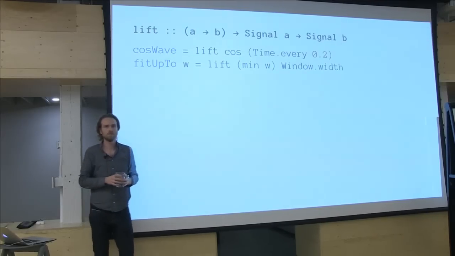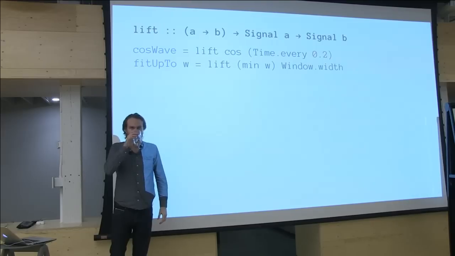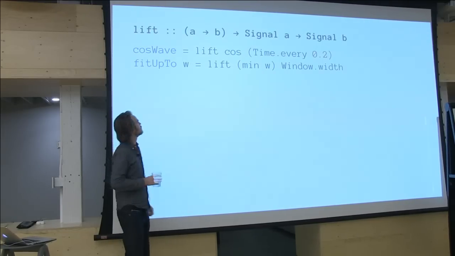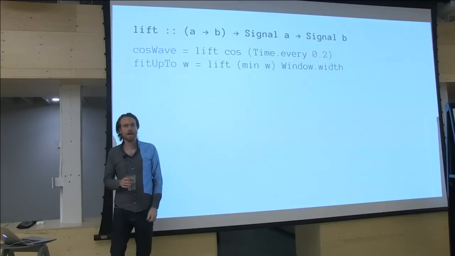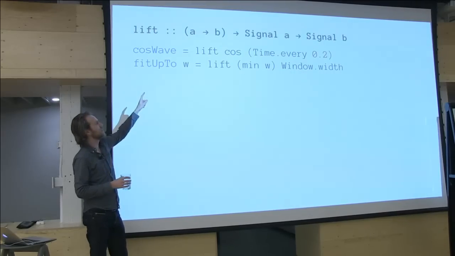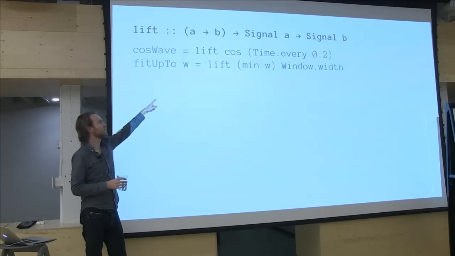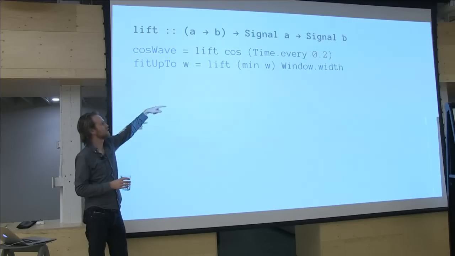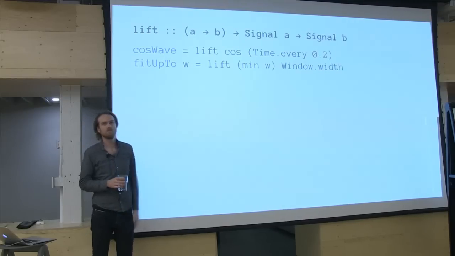Yeah? So just to be clear, fitUpTo is a function of a number that returns... can you say out the type signature? Yeah. fitUpTo has the type of a function from a number to a signal of numbers.